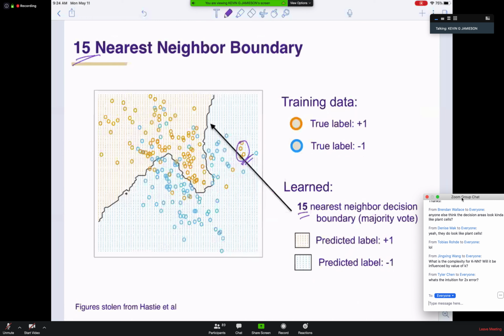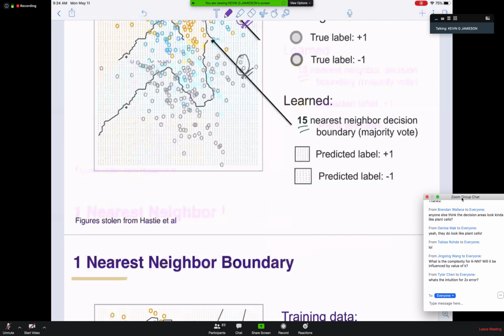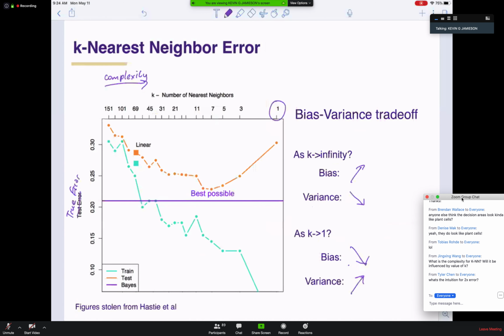Whereas if I increase the number of neighbors, now if I'm doing 15 nearest neighbors, the amount of variation is going to be significantly limited, because the rate at which the classification label changes when you're averaging the 15 nearest neighbors really goes down. And so as the number of neighbors goes up, the complexity goes down. That's why we like to look at plots like this, going from low complexity to high complexity, which is the inverse relationship to the number of neighbors.